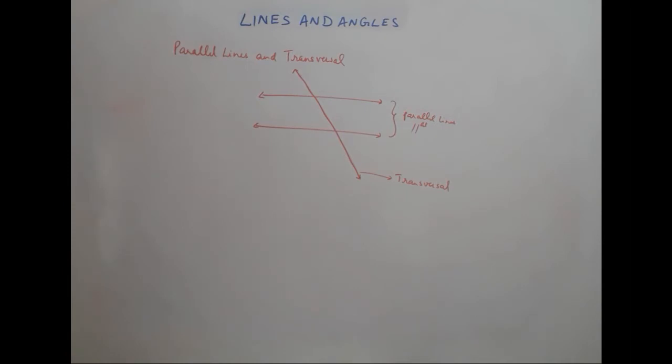Now, there are certain angles that are formed by a transversal intersecting parallel lines, and those angles we need to know, and the properties of those angles, as in the relationship between those angles. So let us mark each of those angles, and we'll also mark the lines including the transversal. Okay, so we have a figure over here where L is the transversal and M and N are two parallel lines.